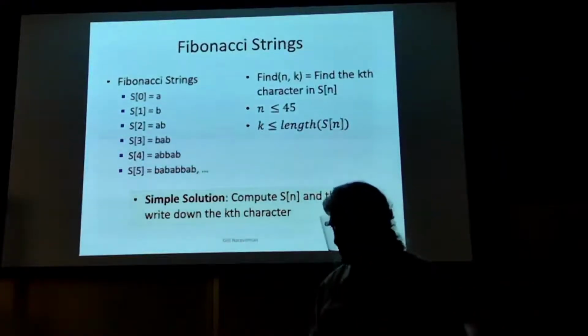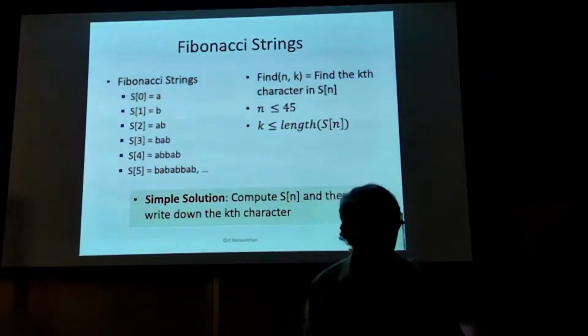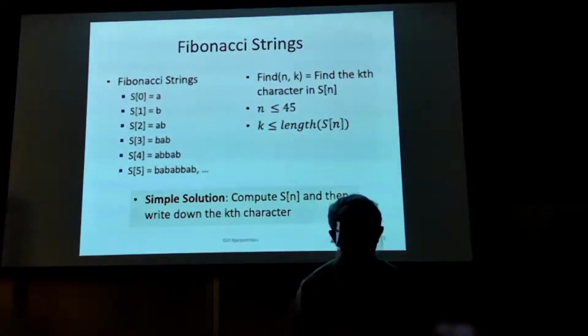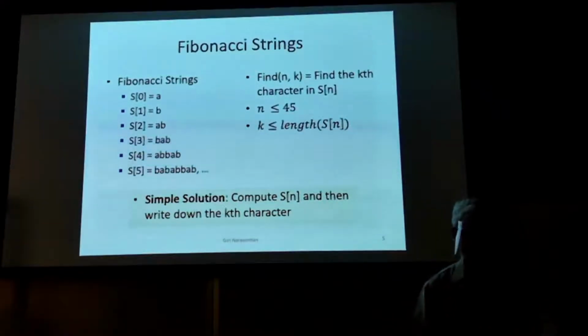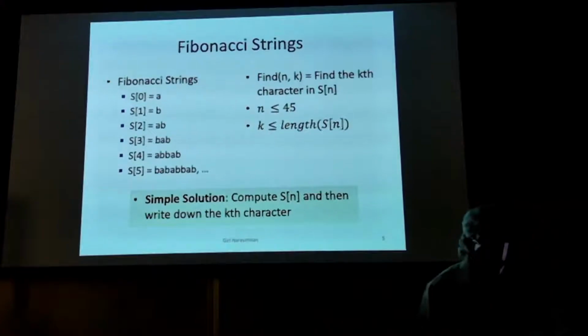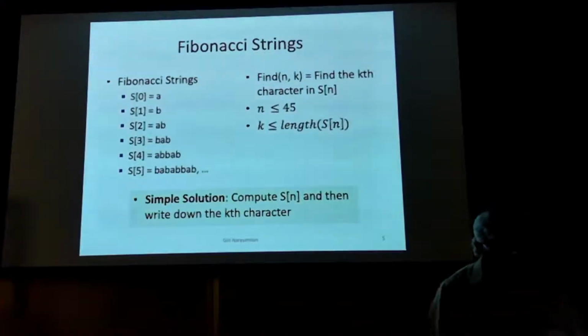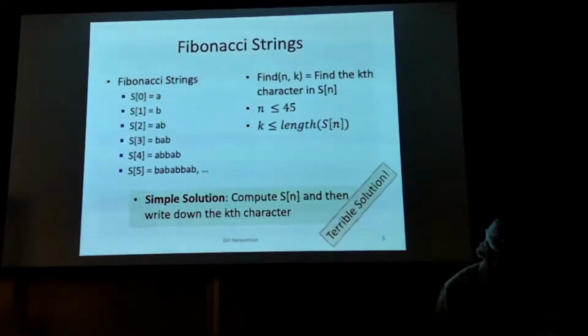No big deal, right? The only problem, of course, is that it's not going to finish anytime this year or even in the next decade. So we have to come up with something smarter. That's what the problem is all about.